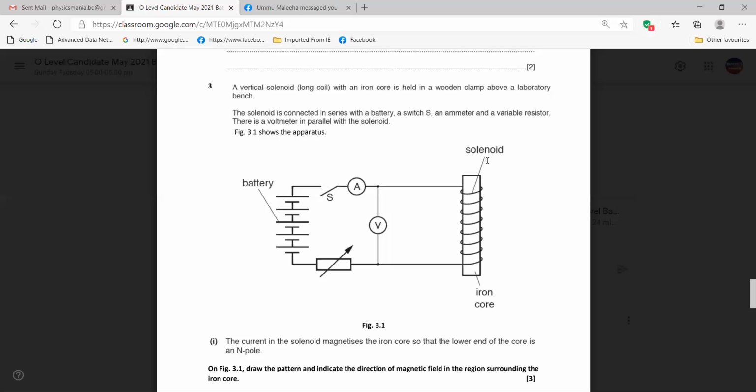Yes, I'm reading it. So, sir, is this another? Oh, it's an electromagnet. Okay.